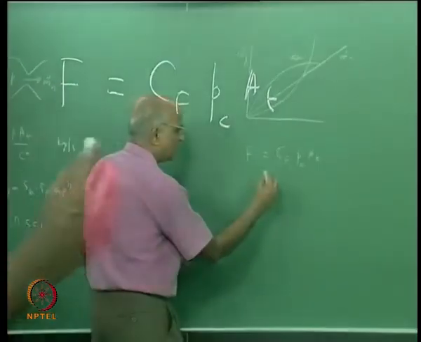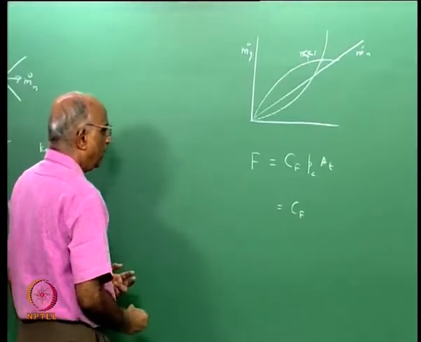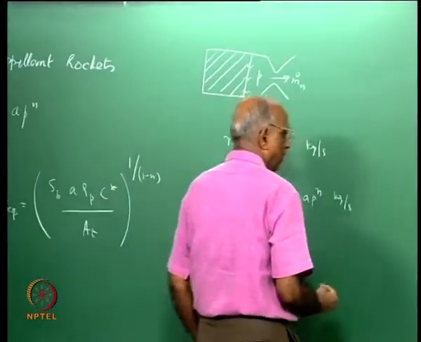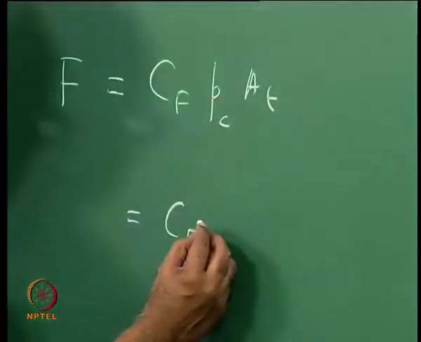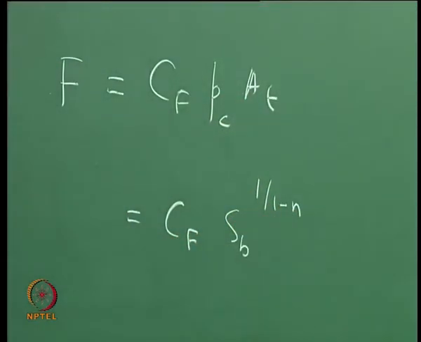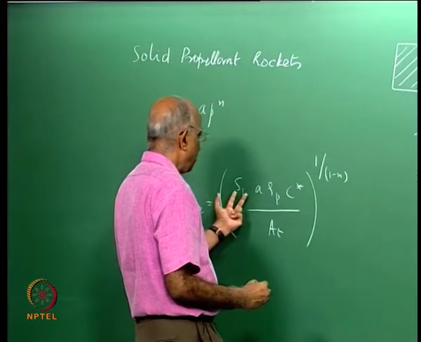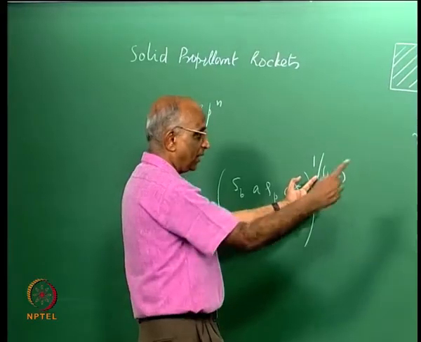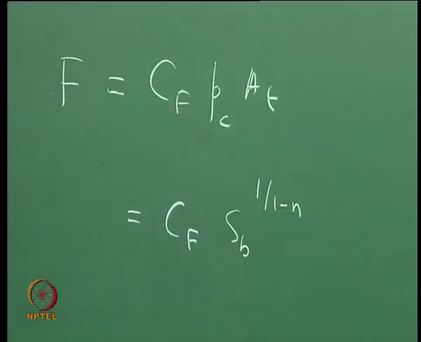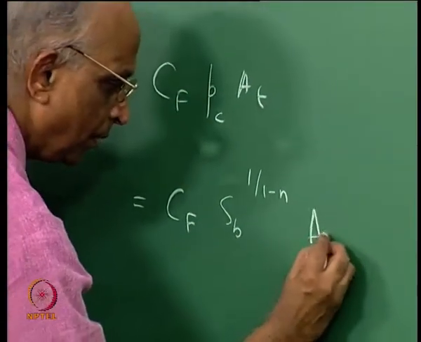You know, I cannot just say, therefore I can write this equation as Cf into, I take the value of Pc from here, I can now write it as Sb to the power 1 over 1 minus n. What did I do? I take P equilibrium going as Sb to the power 1 minus n, therefore I write that here. Then I write the other terms together, namely I get AT.